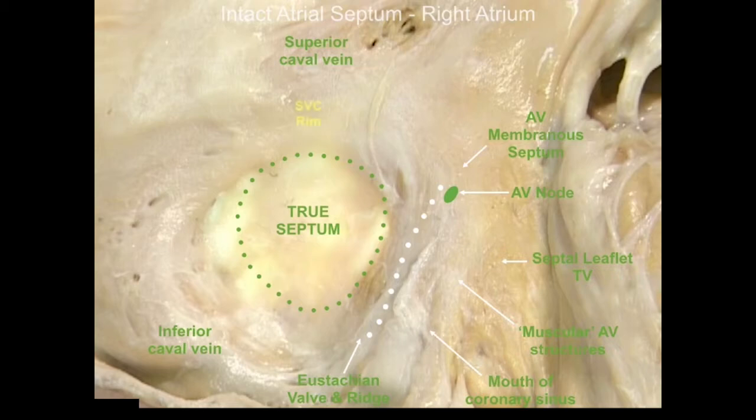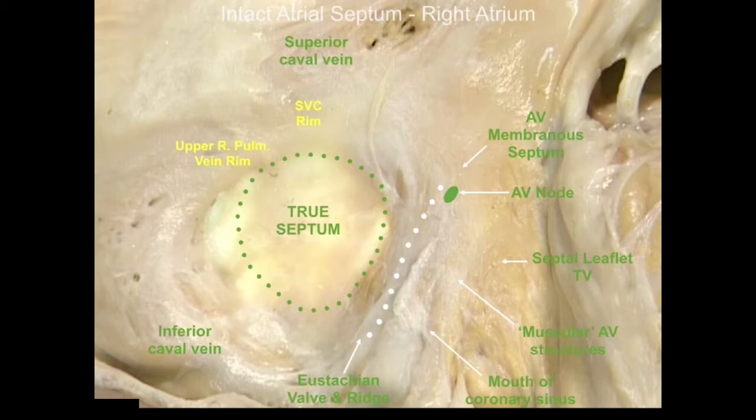So if we then look at the rims of the atrial septum, it's probably best to name them according to the structures that they are closest to. So we have a rim towards the SVC. We have a rim which is more related to the right pulmonary vein.